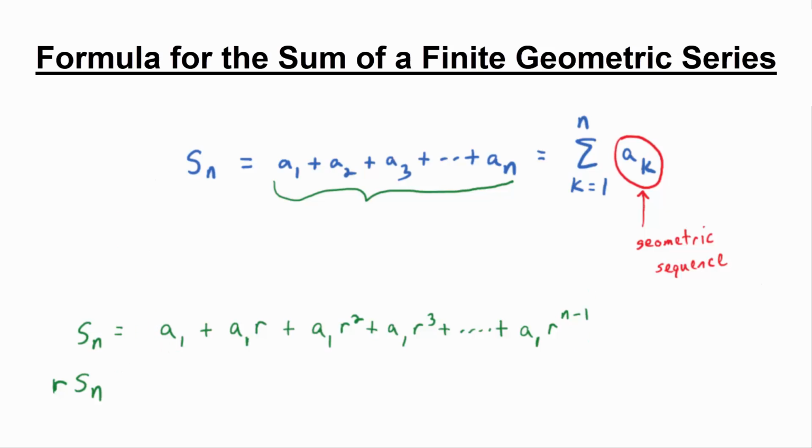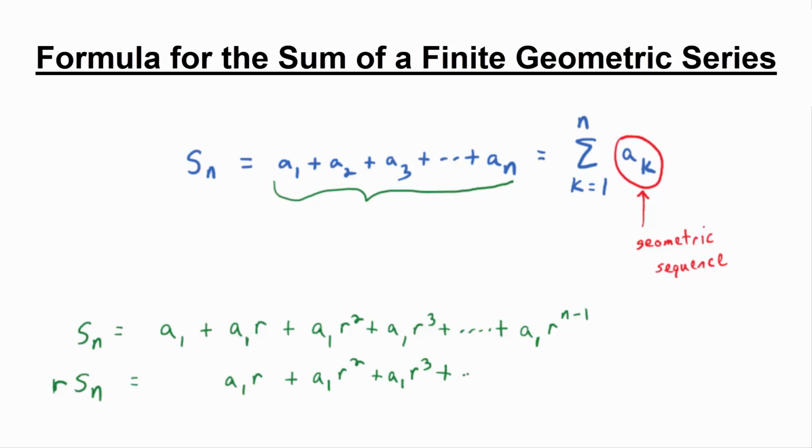If I multiply this entire right side by R, I get A1R. Now I'm going to slide that over and line it up with its like term. Then I multiply A1 times R times another R, I get A1R squared. Then I multiply A1R squared by R, I get A1R cubed. I'm just lining up like terms.